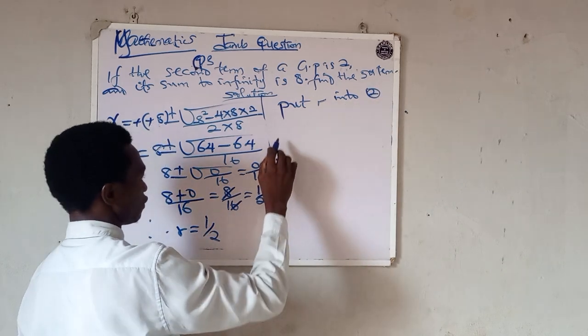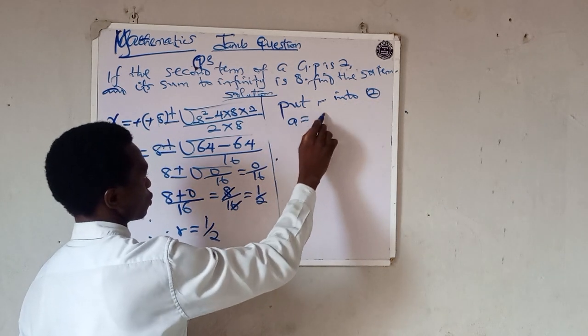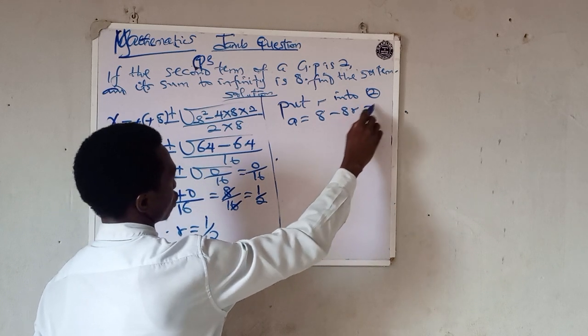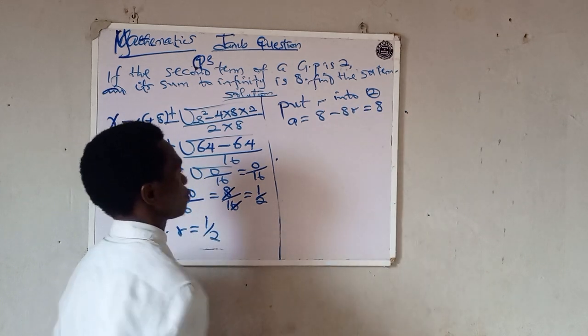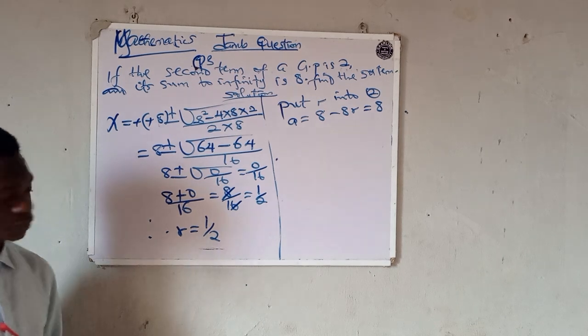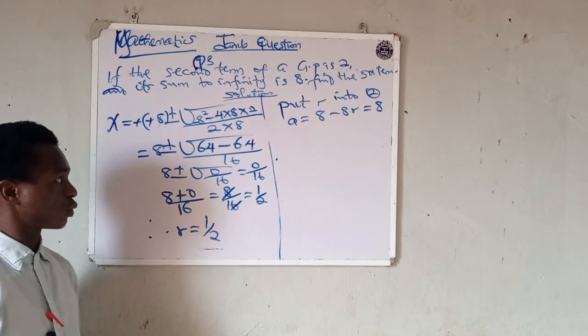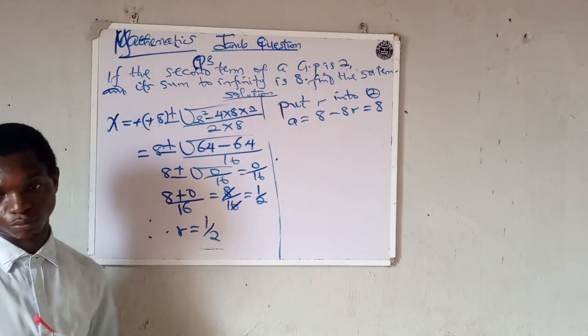And equation 2 is giving us A equals 8 minus 8R. That is all we have as equation 2.